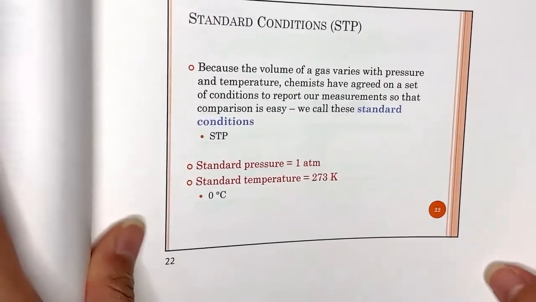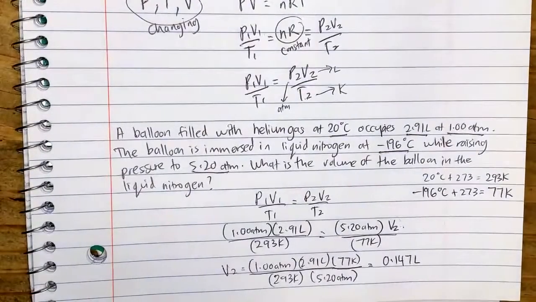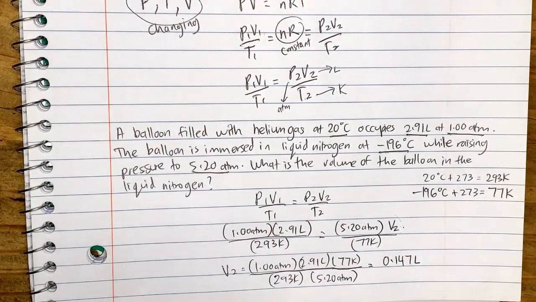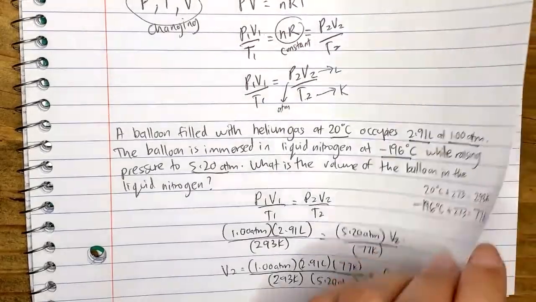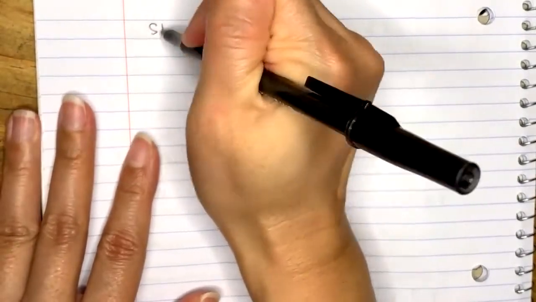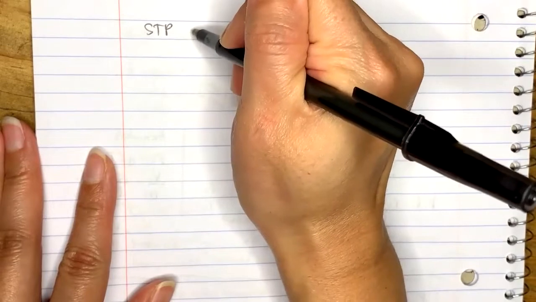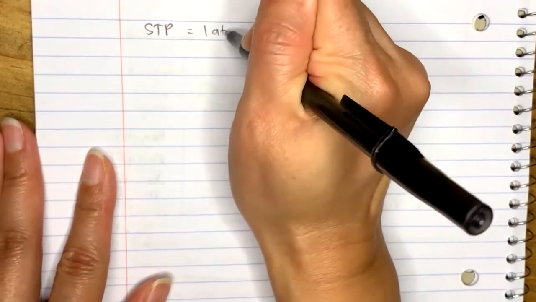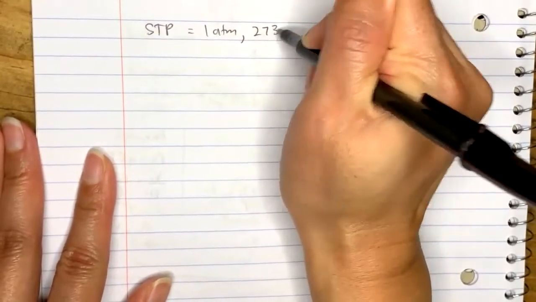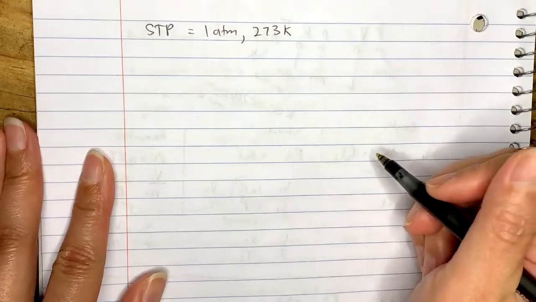With that being said, every time you have standard temperature and pressure, we have one cool thing that we've observed. At STP, we define STP as 1 ATM, 273 Kelvin for the gas chapter, okay?